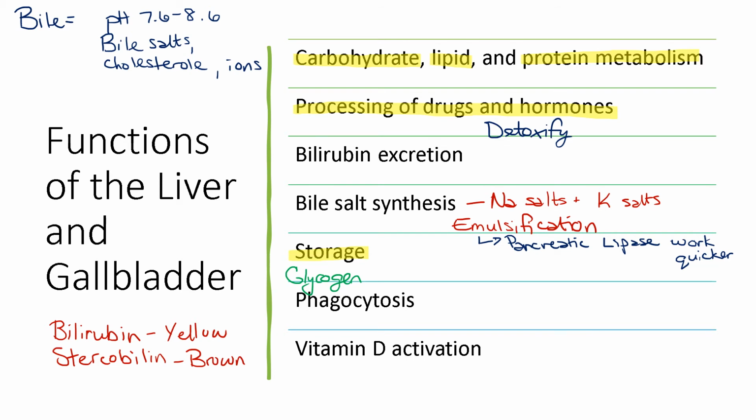In addition to glycogen, the liver is a prime storage area for certain vitamins, like vitamin A, B12, D, E, and K, which are all going to be stored in the liver. Some minerals as well.